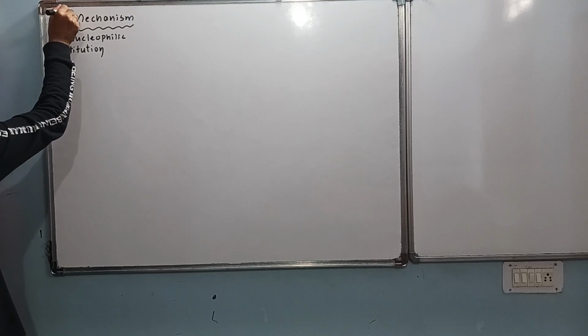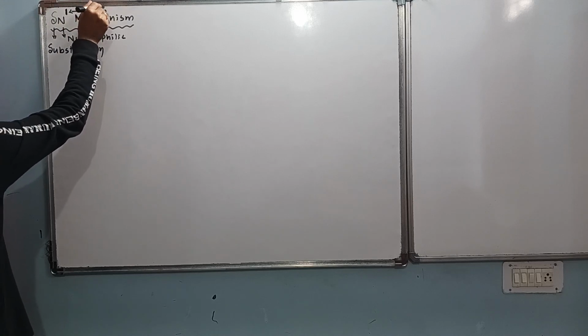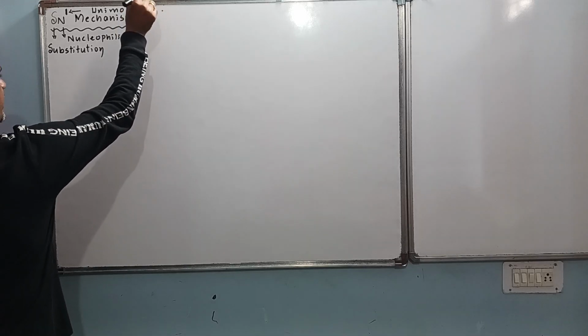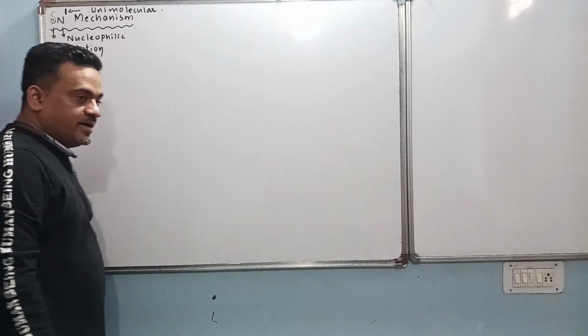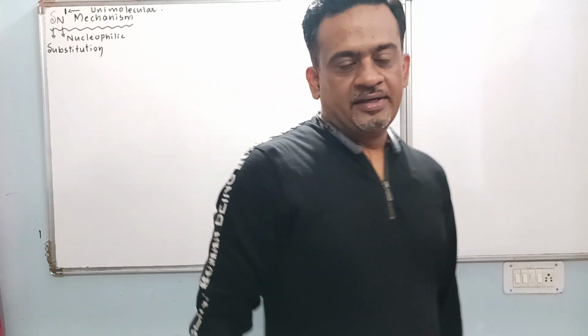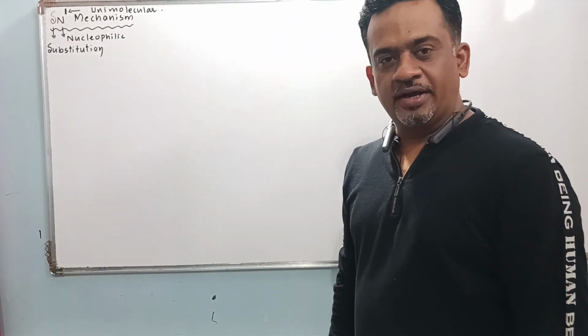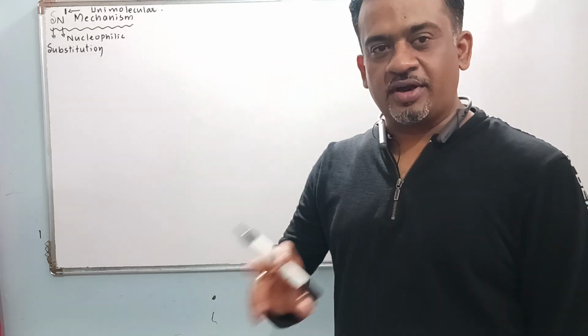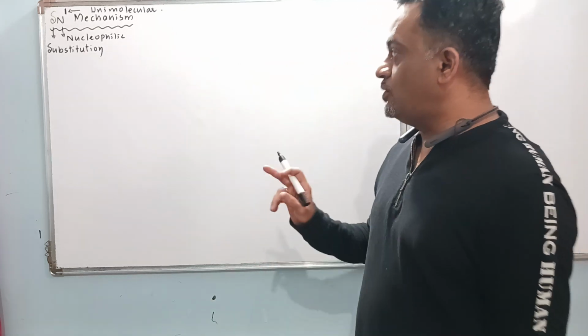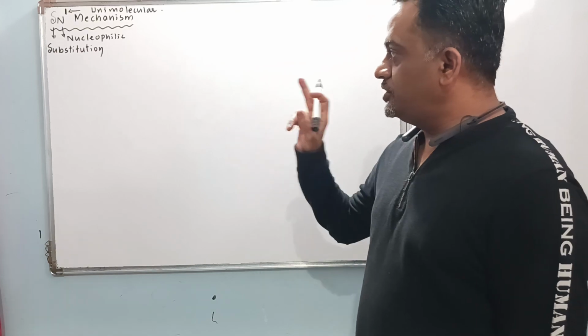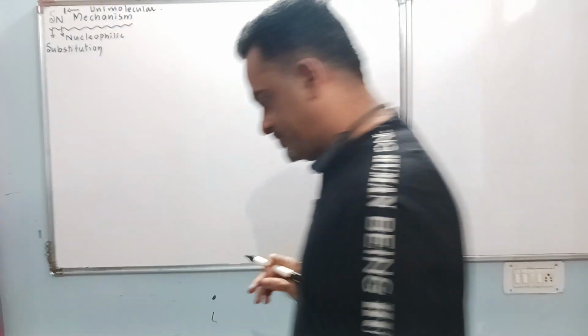And 1 stands for unimolecular. So we can assume that the Sn1 mechanism is a nucleophilic substitution reaction following unimolecular reaction or first order kinetics. Sn1: substitution nucleophilic unimolecular reaction, right?